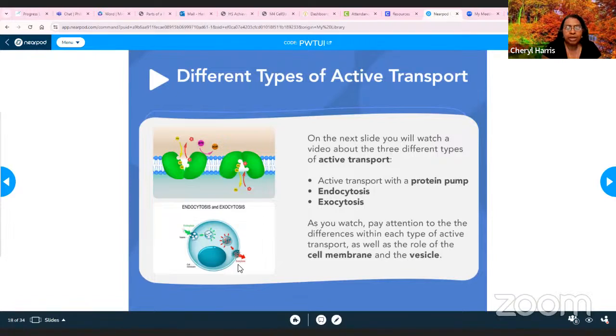And then you have endocytosis and exocytosis, which is the cell membrane doing it. So there's two ways. It can actively be brought in through the cell membrane through those little channel proteins, or the whole cell membrane can bring it in and push it out like we did in the video you just saw.